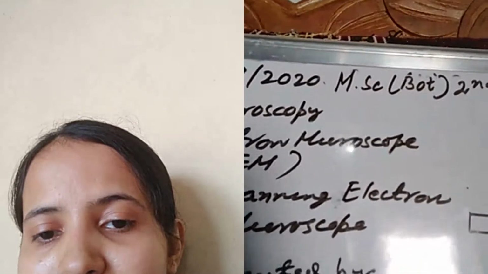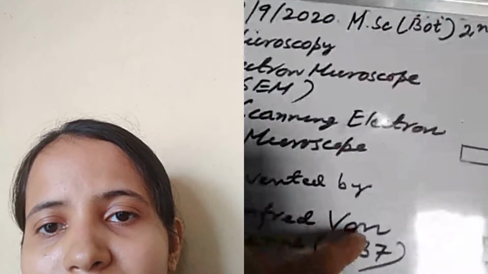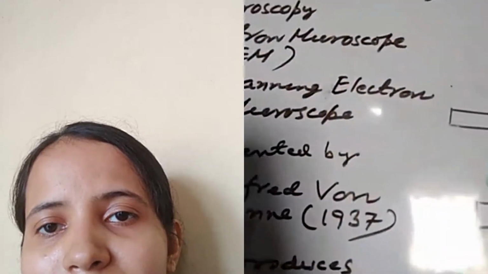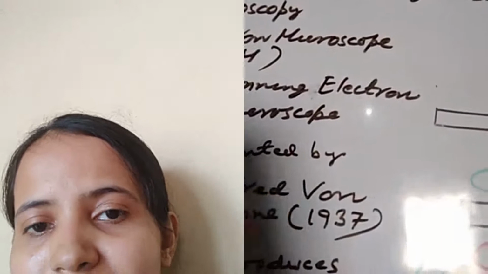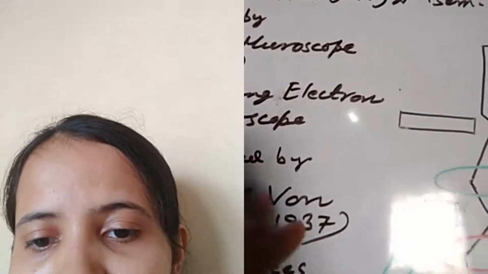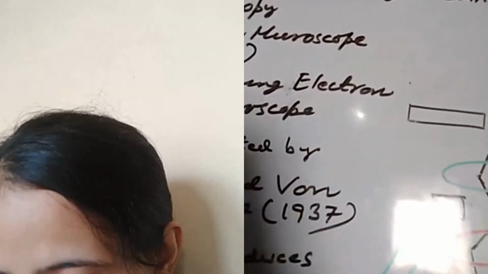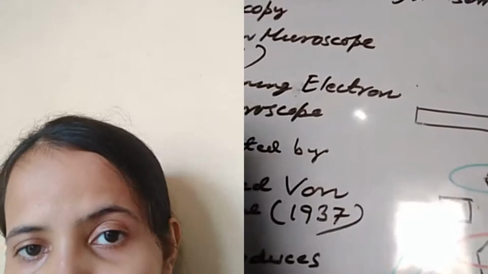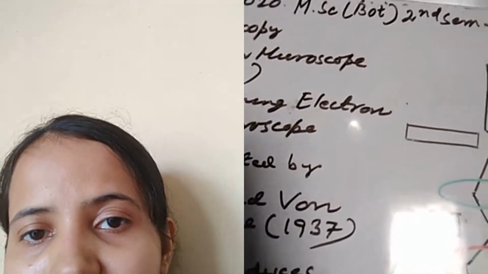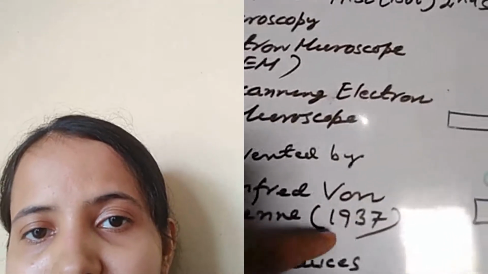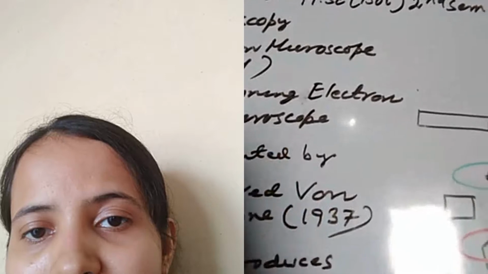This electron microscope was first invented by Manfred von Ardenne in 1937. This scanning electron microscope was invented by Manfred von Ardenne in 1937.